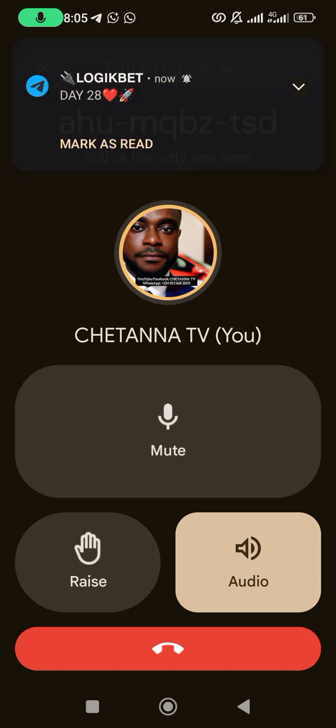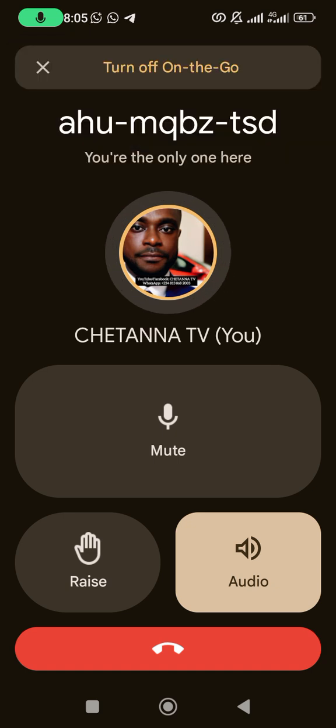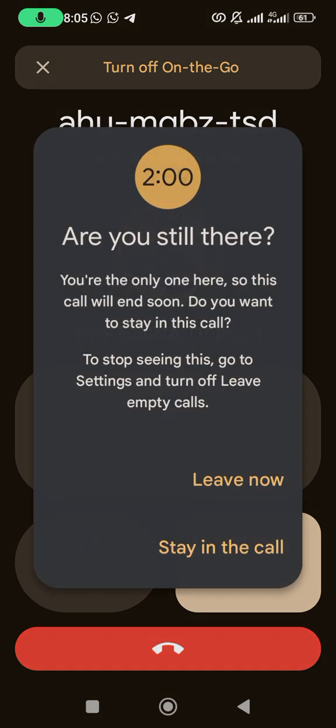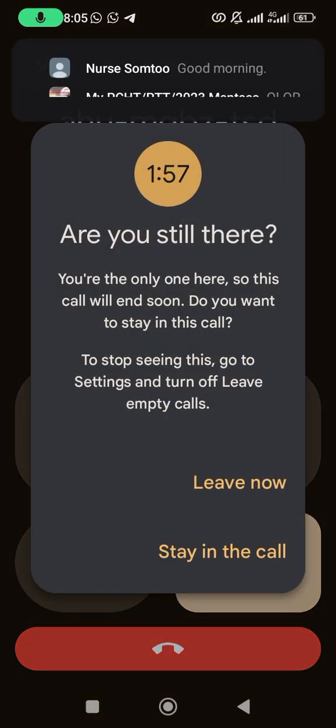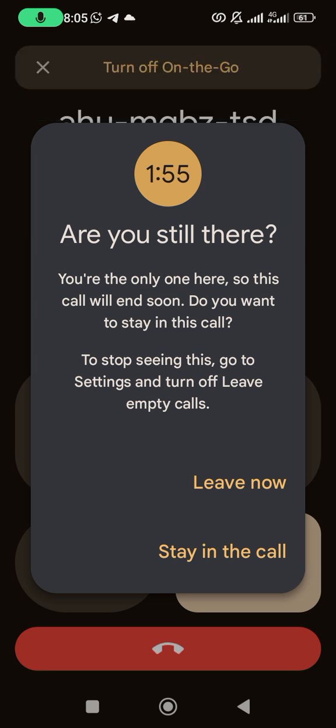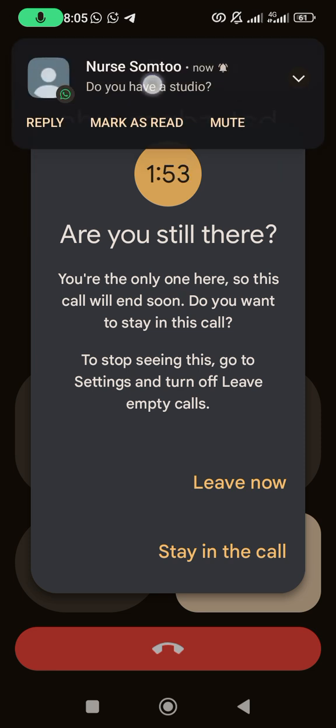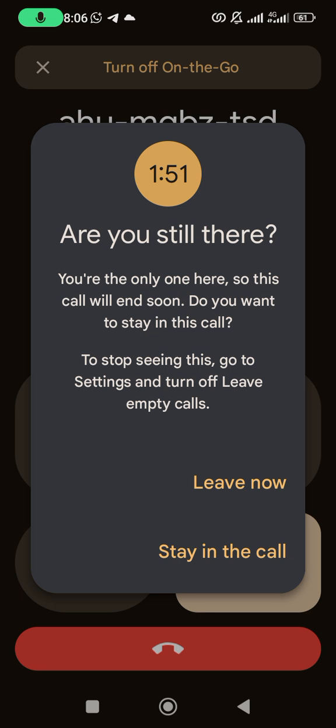Then another term I want us to look at is dead stock. What is dead stock?